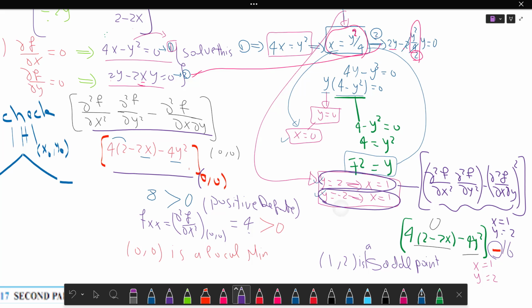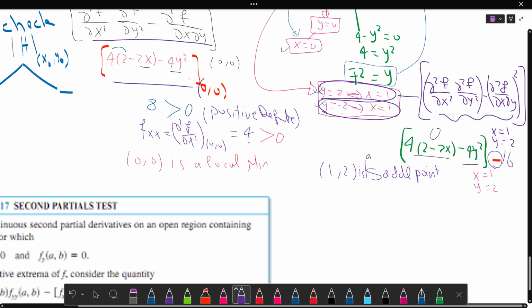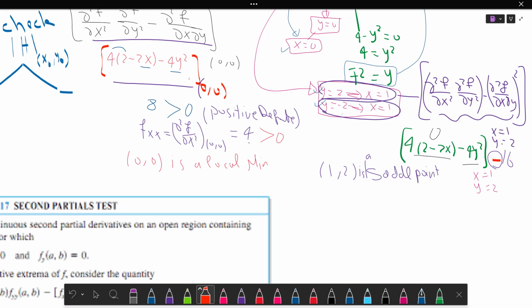Let's go for the third one. Y equal to minus 2. So again, y equal to minus 2, and I go to calculate this one. I'm trying to write it many times just to remember it.